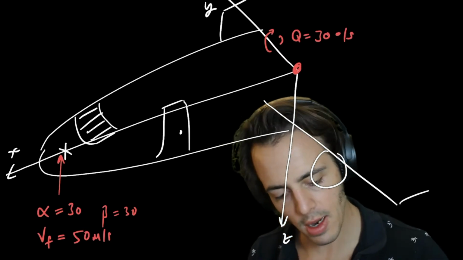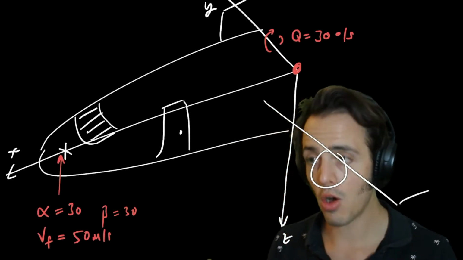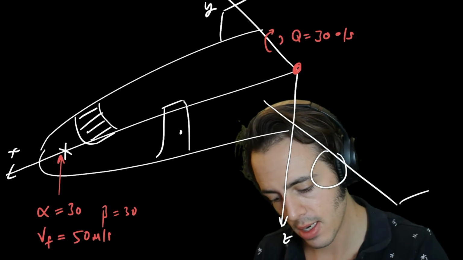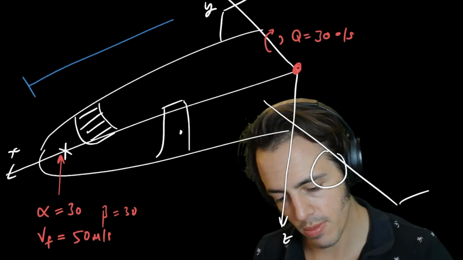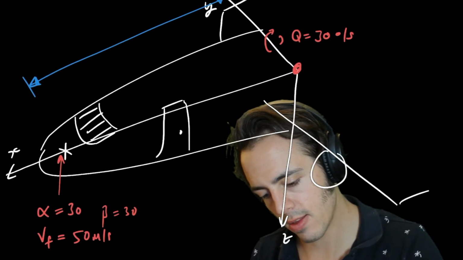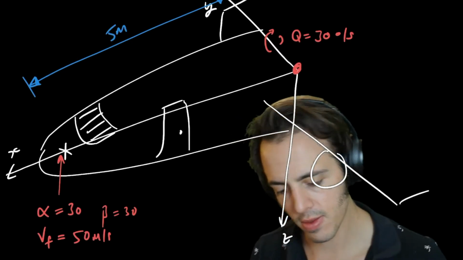And let's say that our air data system is located along the x-axis, so we know that it's got no y and no z displacement, and the distance away from x equals 0, or the y-axis, is 5 meters.